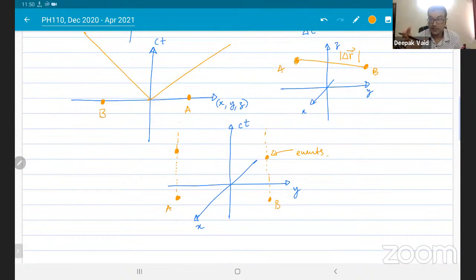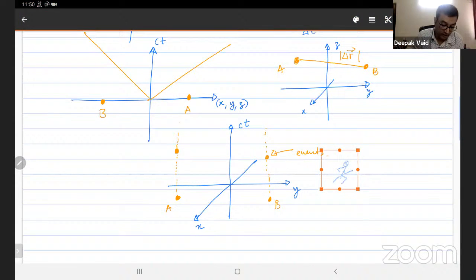So for instance, you look at a person who is running. This is not a very good runner stance, but I guess that's good.